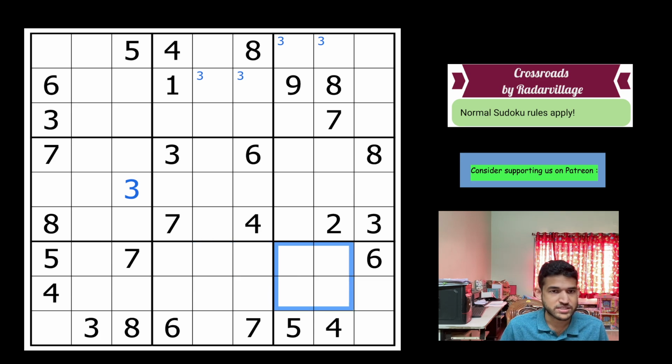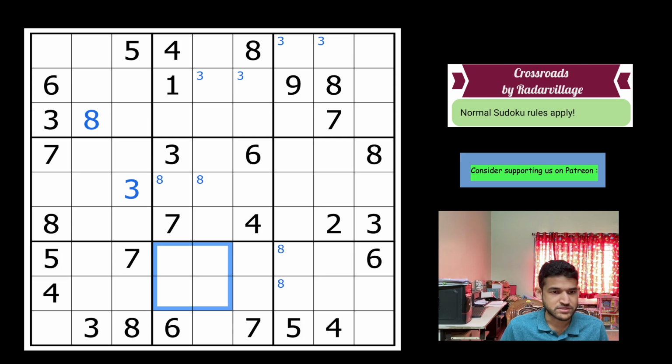So maybe let's look at some other digit. 8 looks a nice candidate. So 8 goes here in column 2, and 8 in box 5 must go in one of these 2 cells. 8 in column 7 must go in one of these 2 cells. And if you look a bit closely, there is no other action with the 8s.